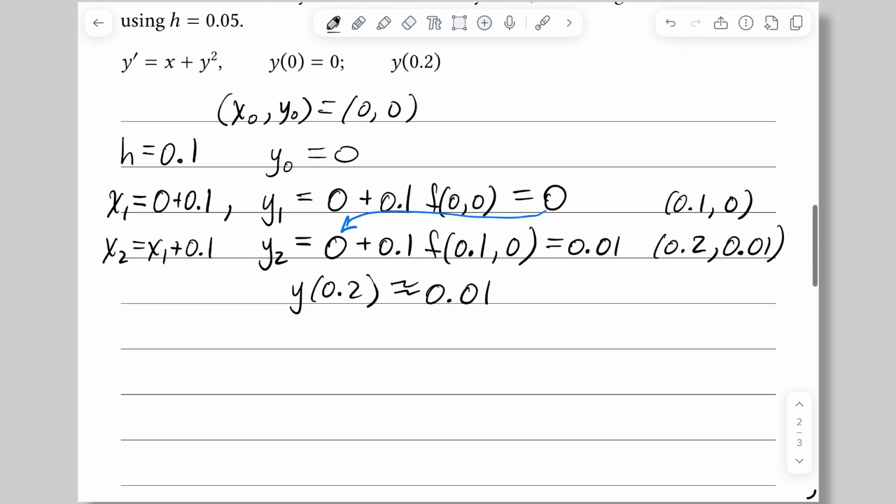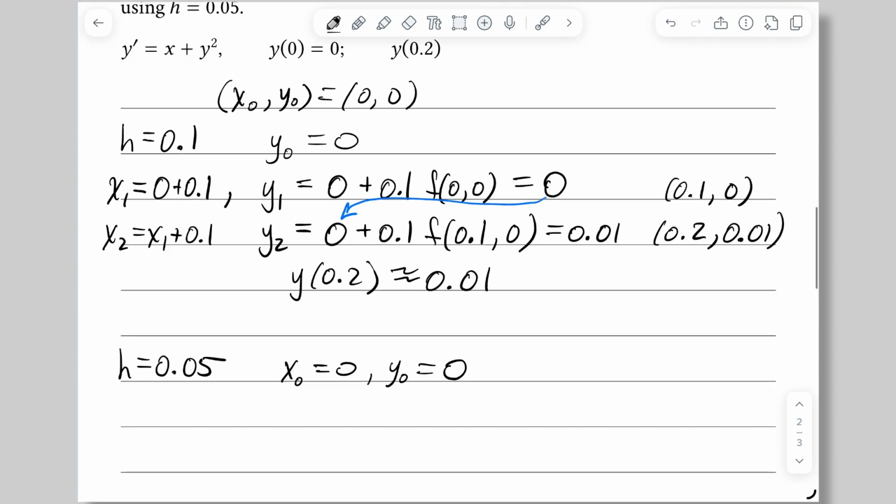I don't think that gave us a lot to think about. That's okay, we're going to do it again, using a step size of 0.05. Associated with x0 equals 0, we have y0 equals 0. That's our initial condition. We're starting the process all over again.